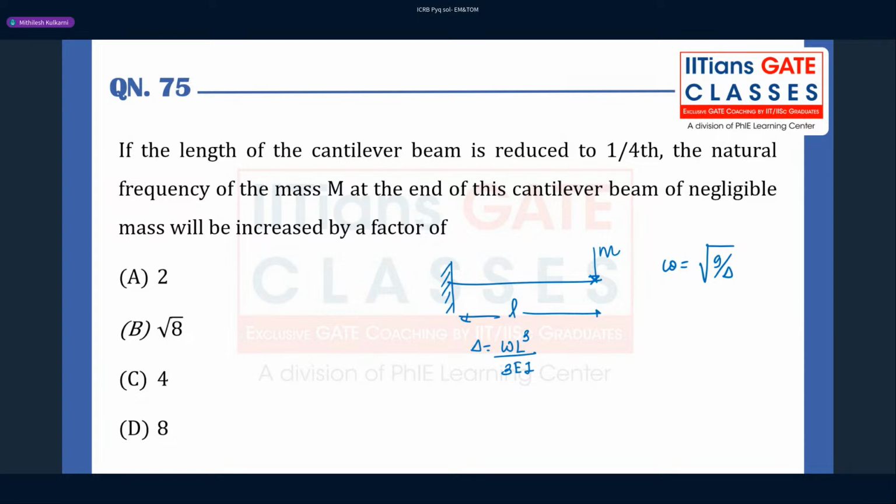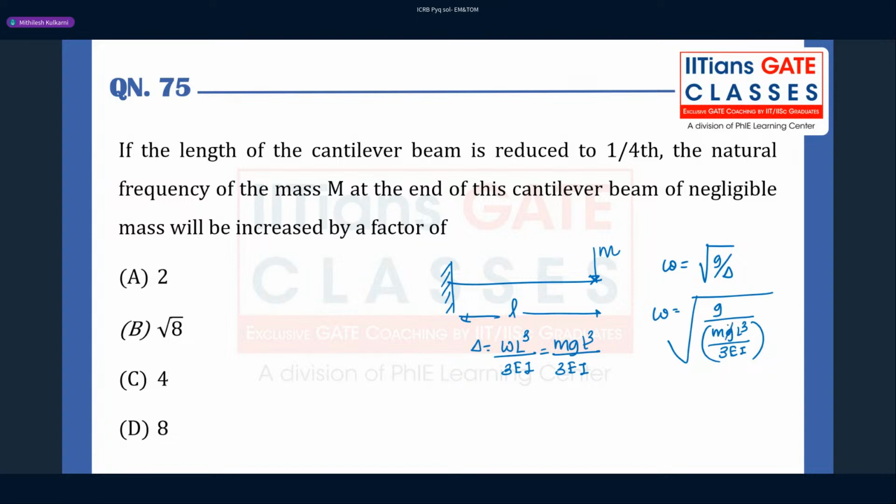W is nothing but the mg, so deflection is mgL cube divided by 3EI. So the frequency can be written as under root of g divided by mgL cube divided by 3EI.